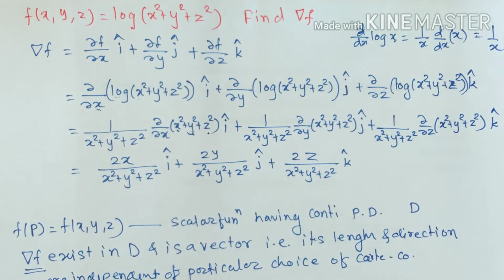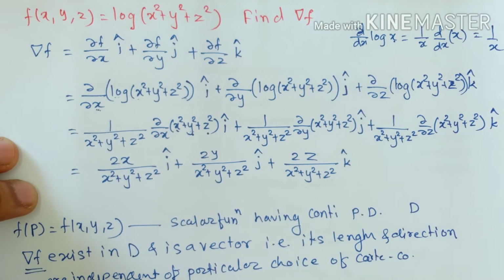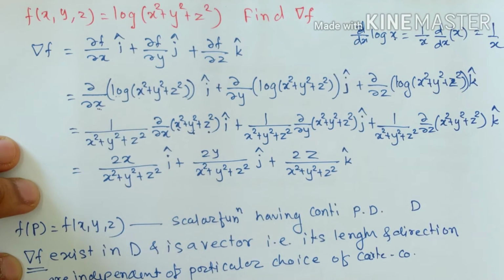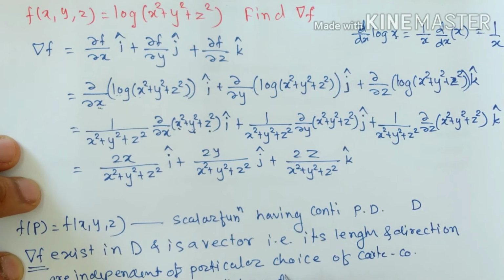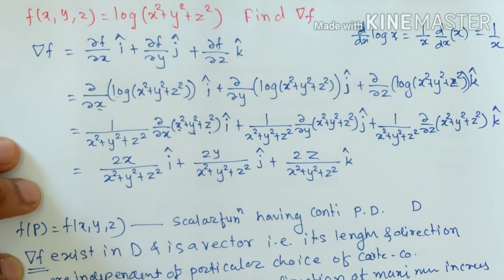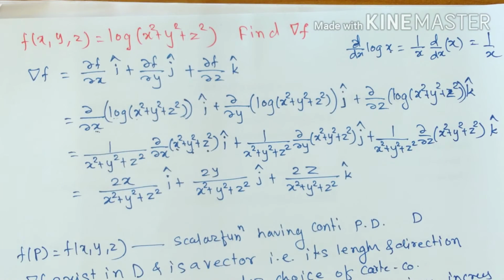Okay. Now, further, if the value of this gradient of f is non-zero at some point P, then it has the direction of maximum increase of f at the point P. In which direction does f have a maximum increase at the point P?